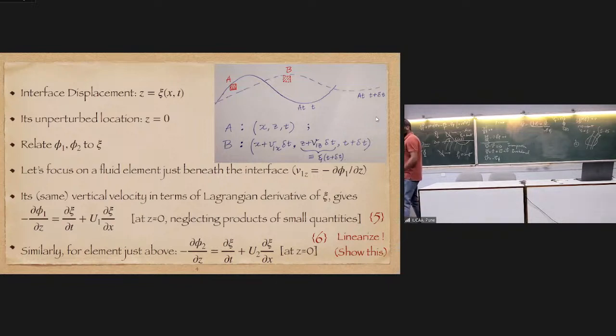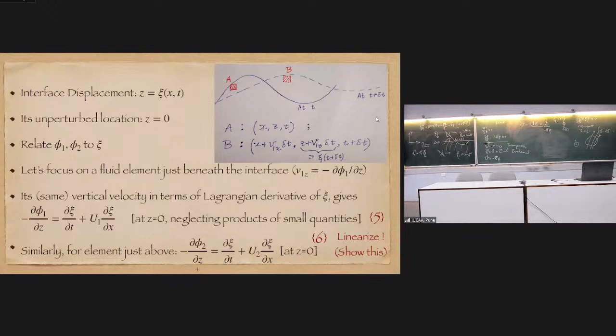The z component of the velocity field is entirely determined by the Lagrangian derivative of this displacement vector. Displacement you are measuring only with respect to z, right? And if I write d xi by dt, that is your vertical velocity, right? You match the vertical velocity for fluid below and fluid above, that's it. Okay, so that is the philosophy of the calculus.